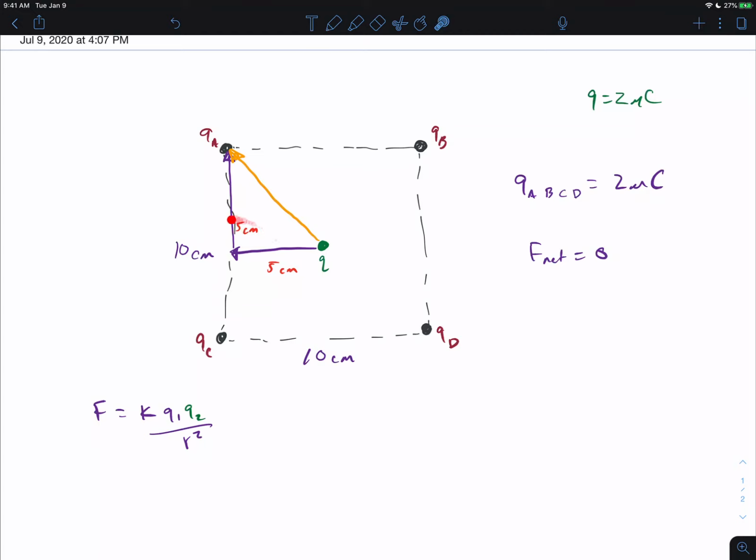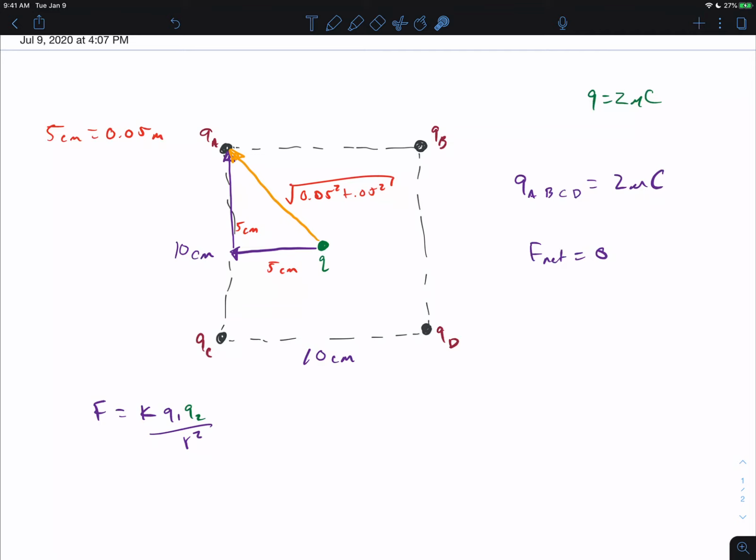So right now, all I need to do to find my hypotenuse is take the square root. Oh, sorry. Right here, these are 5 centimeters. Remember, we also want to convert this to meters. So my 5 centimeters should be 0.05 meters, right? So be careful of that. So we want to do the square root of 0.05 squared plus 0.05 squared, and that should give me the value of my hypotenuse.